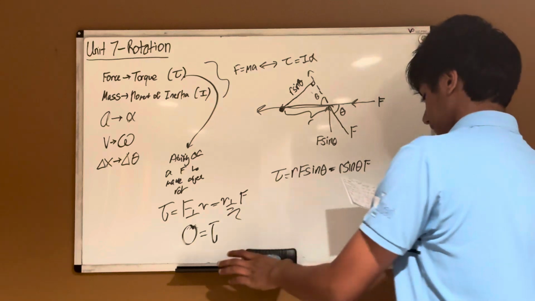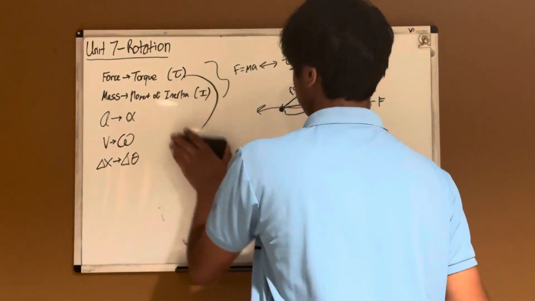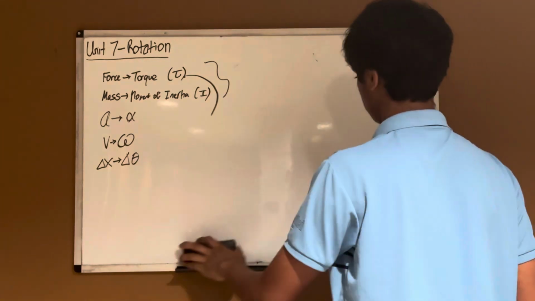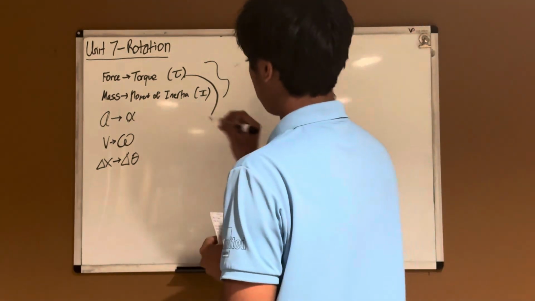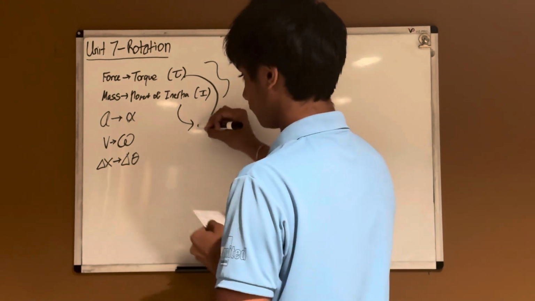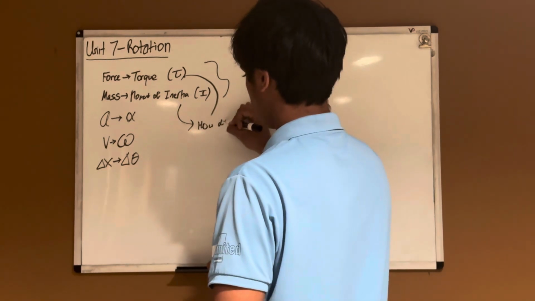Next, I'll look at the moment of inertia. Moment of inertia represents how difficult it is for an object to rotate.